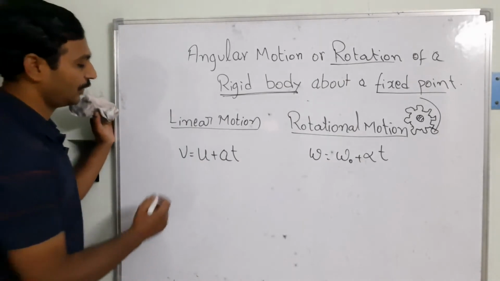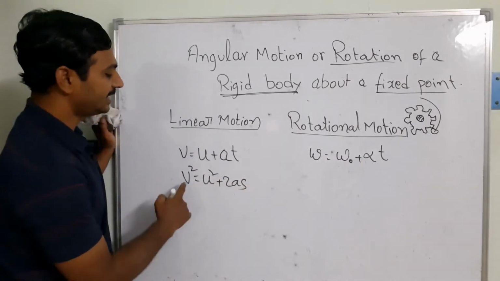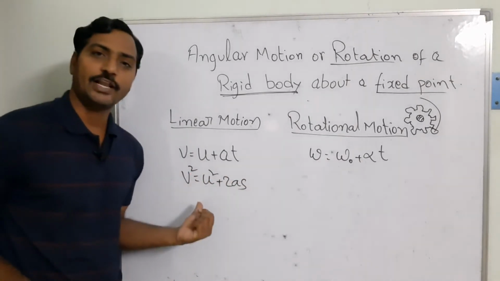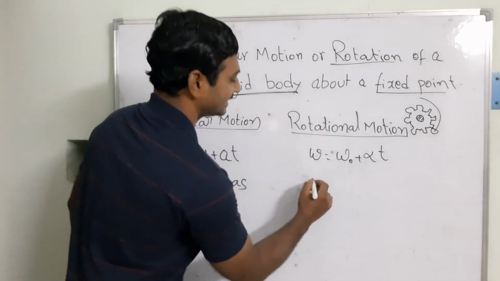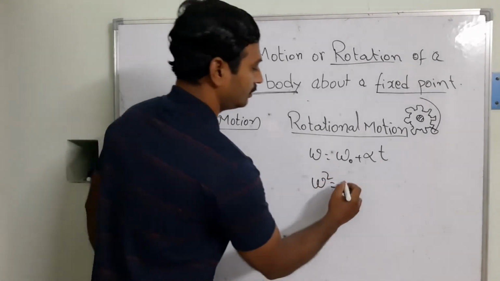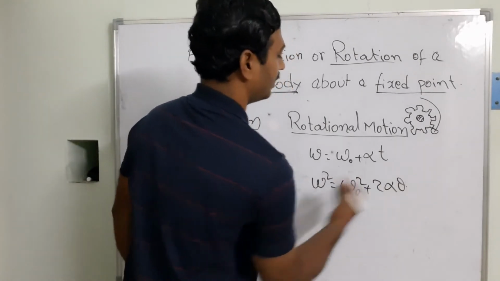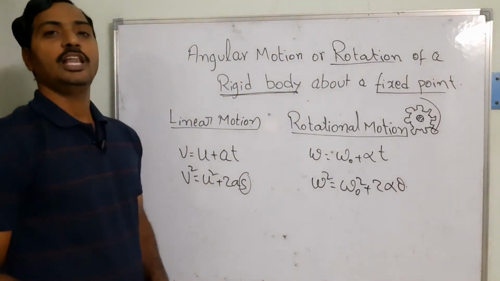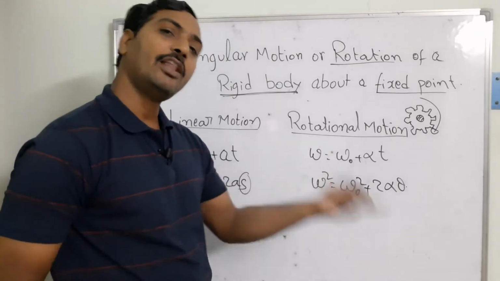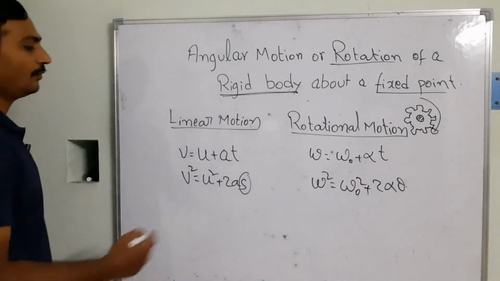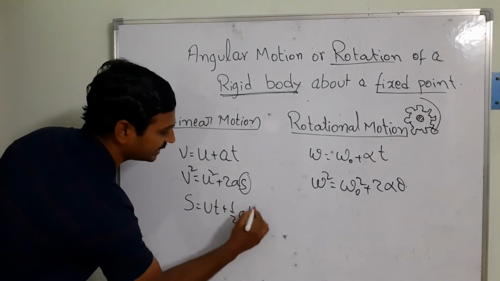Another equation is v square is equal to u square plus 2as, with uniform velocity and uniform acceleration. For rotational motion, omega square is equal to omega naught square plus 2 alpha theta. Here s is the linear displacement and theta is the uniform angular displacement of the system. And another equation we have is s is equal to ut plus half a t square.